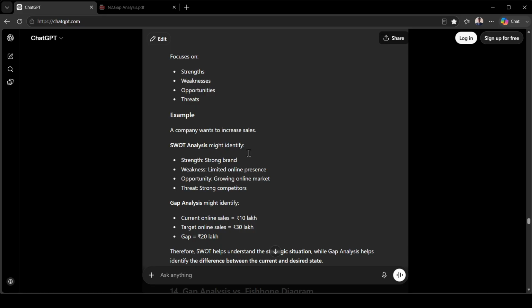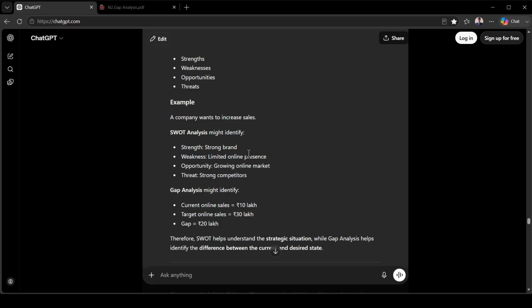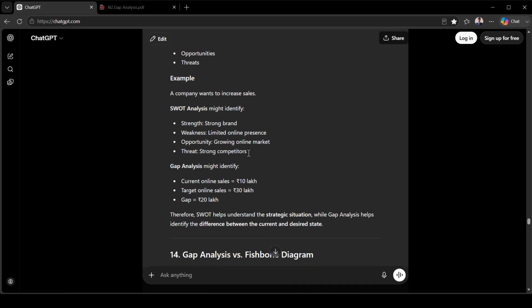Then gap analysis might identify current online sales 10 lakhs, target online sales 30 lakhs, the gap 20 lakhs. Therefore, SWOT helps understand the strategic situation, while gap analysis helps identify the difference between the current and desired state.